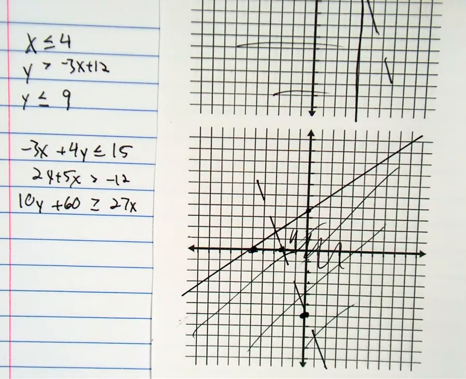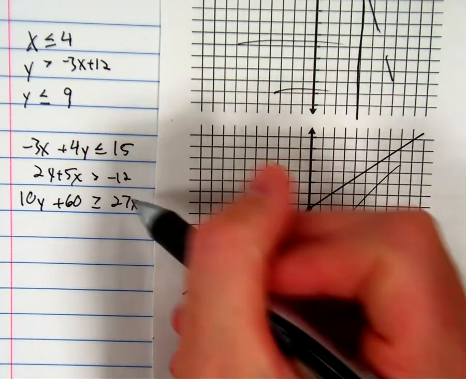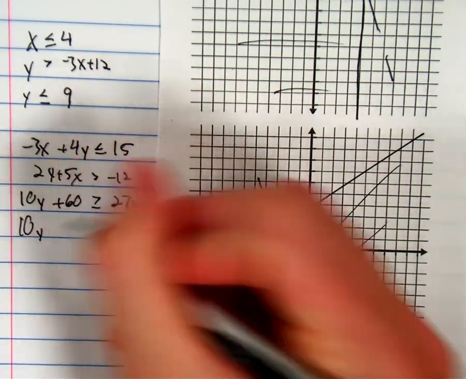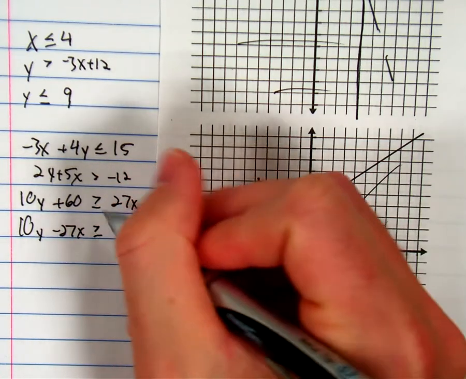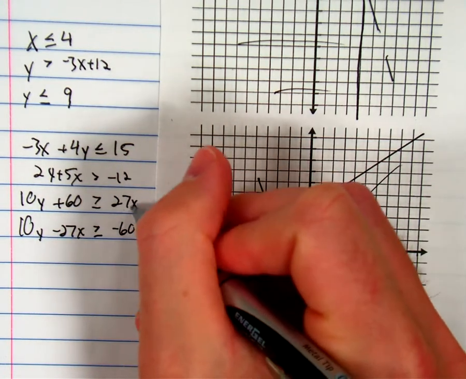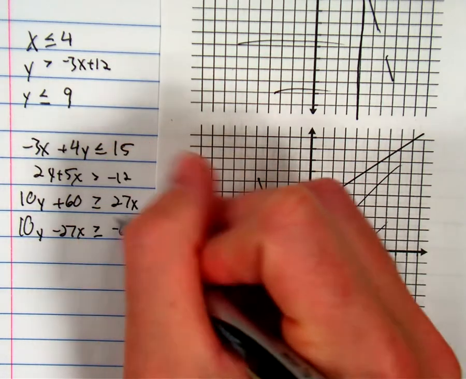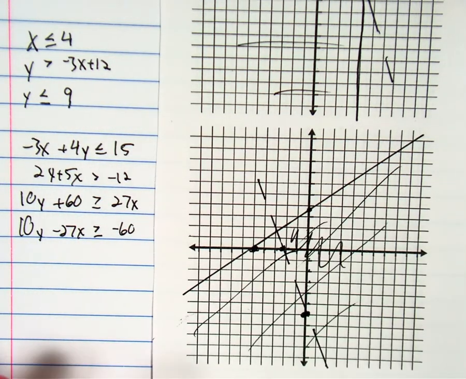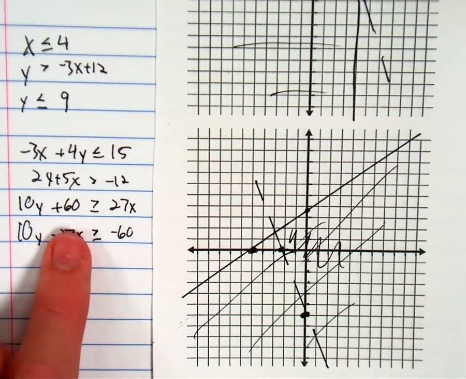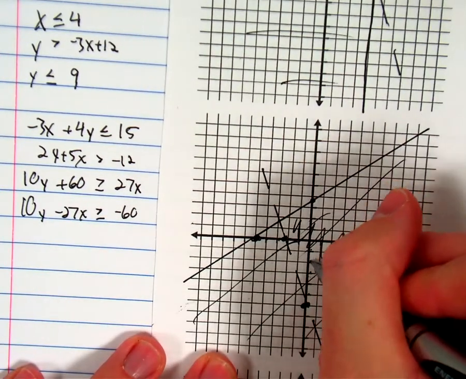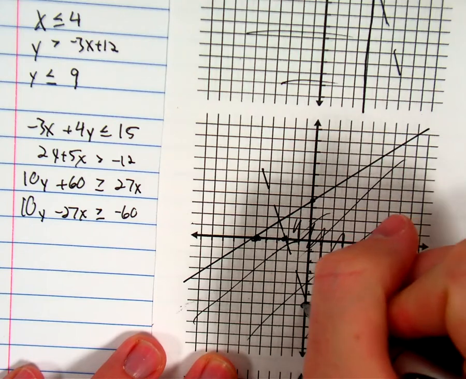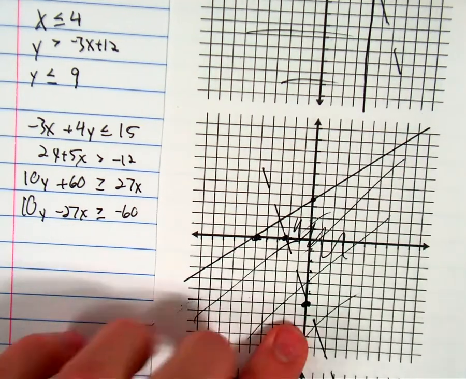Okay, and our last line here, we got to do a little work. Got to move this over. 10y minus 27x greater than or equal to negative 60. I subtracted the 27x over, subtracted the 60 over. Okay, so my y would be negative 6. Ooh, got that same point. That's nice.